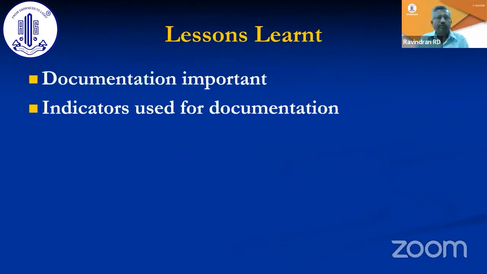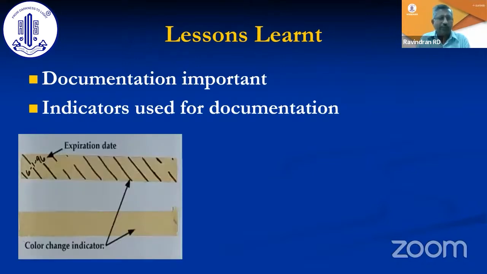So what is the lesson we learned from it? That is, the documentation is very important. The indicator we use for documentation is very important. So we were using class 1 indicators. With a class 1 indicator, even a minimal change in the temperature can change the indicator tape, and it does not indicate the pressure.